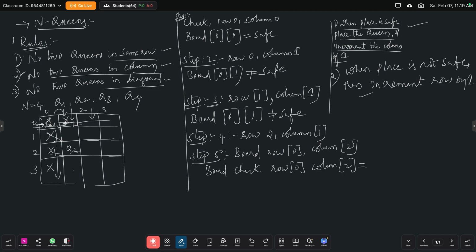No, it is not safe, because queen 1 is already there in the 0th row. So we cannot place one more queen in the same row.